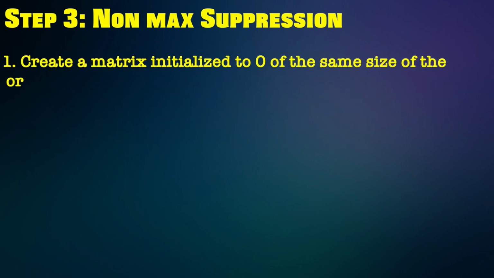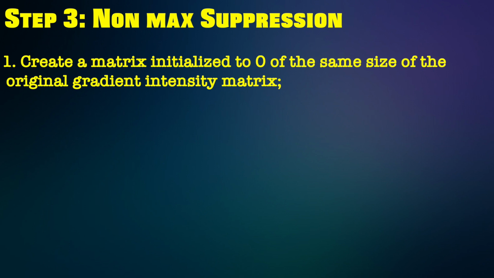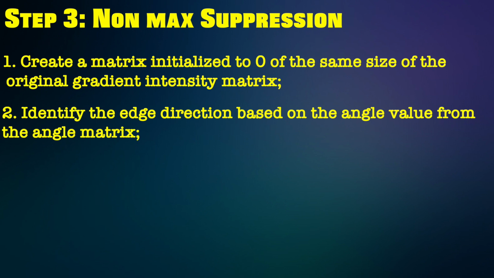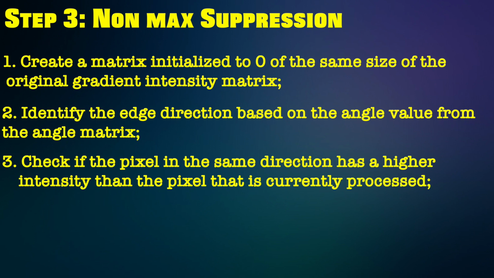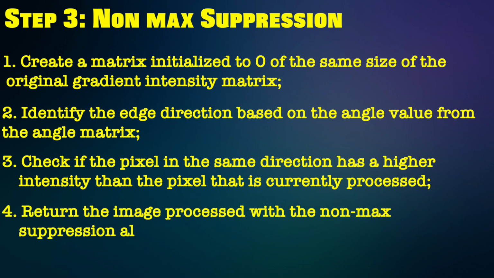Number 1, create a matrix initialized with the 0 value, the same size as the original image. Identify the edge direction based on the angle, then check the pixel in the same direction that has a higher intensity than the pixel currently being processed. Return the image processed with the non-max suppression algorithm.